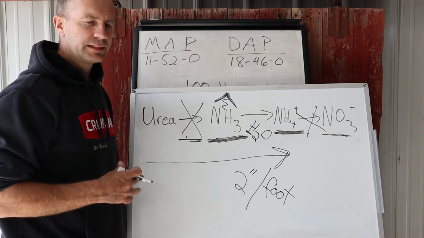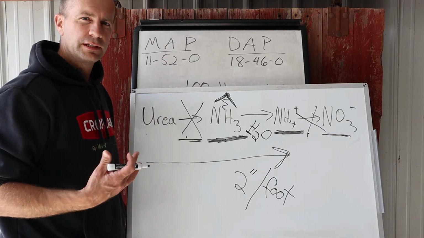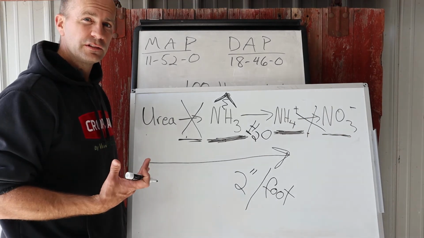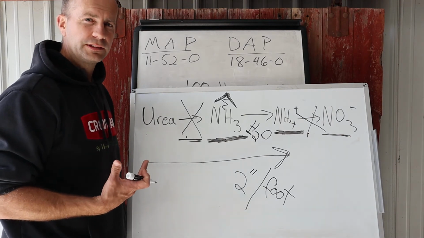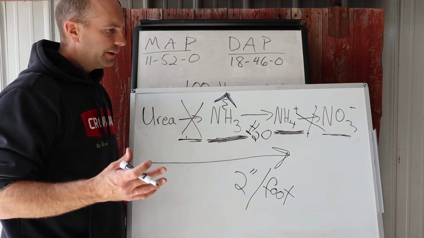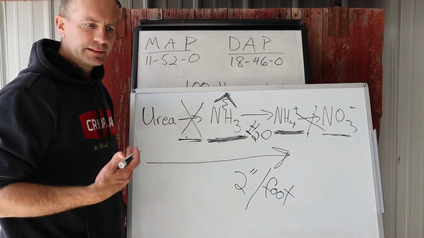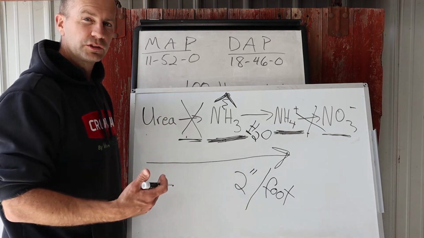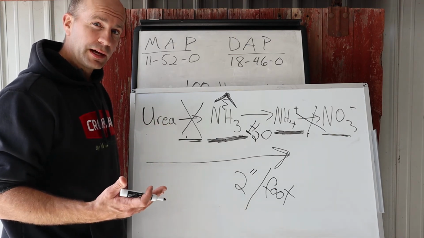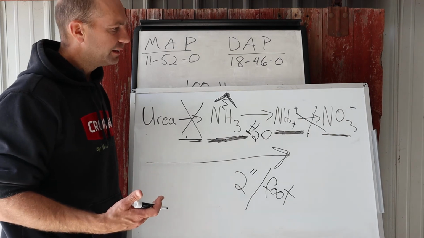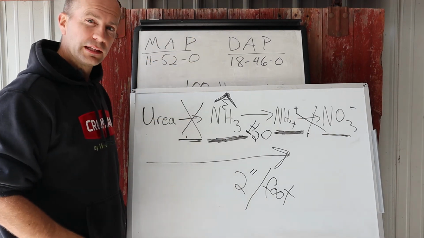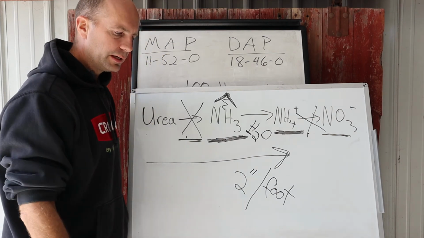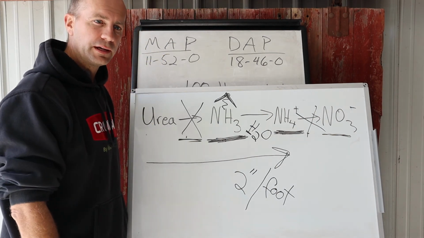And if we consider the top 5 feet, the general rooting depth for corn and soybeans, 5 times 2 gives us 10 inches of water holding capacity in the top 5 feet. We would need at least 6 or 8 inches of rain, maybe closer to 10 in some spots, between now and next spring, which isn't out of the realm of possibilities, but pretty unlikely, to totally saturate that top 5 foot rooting depth and then start leaching nitrate down out of the soil profile.